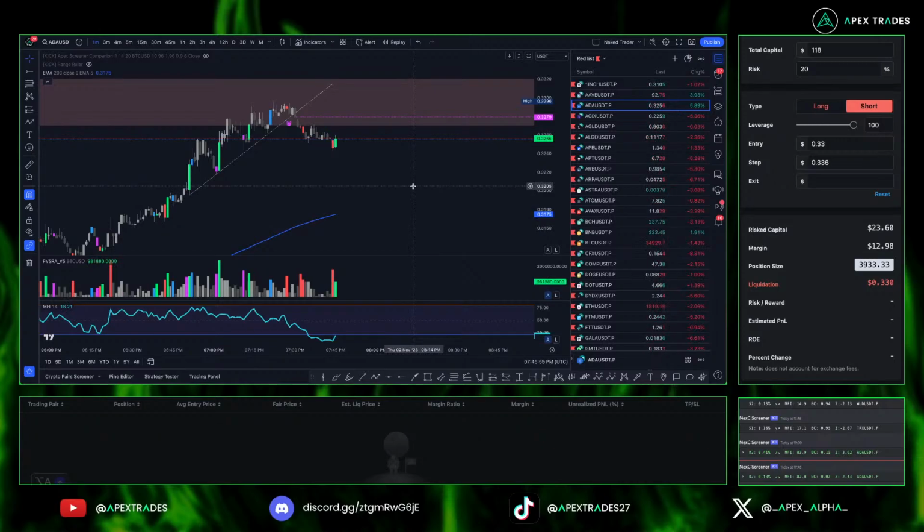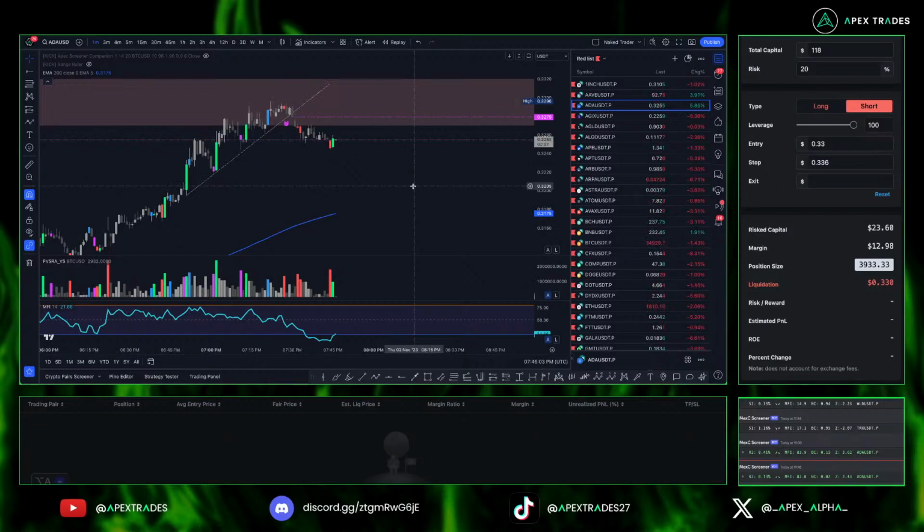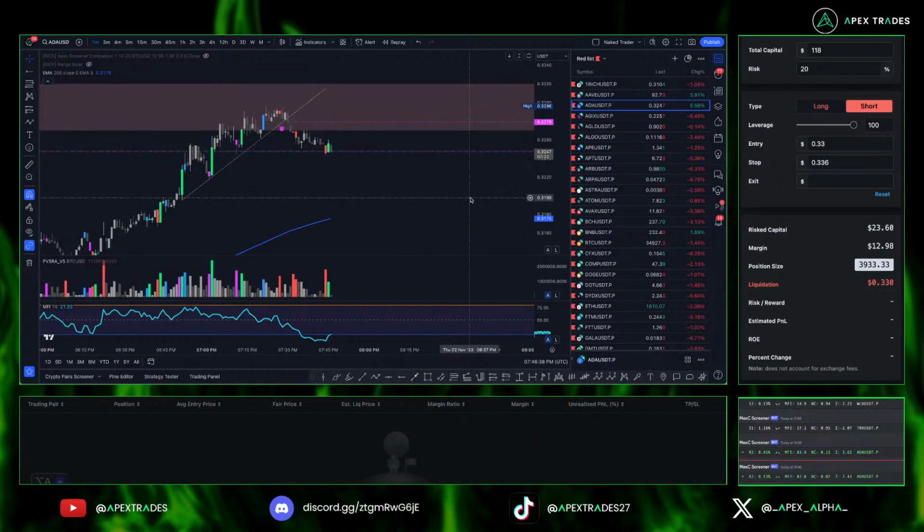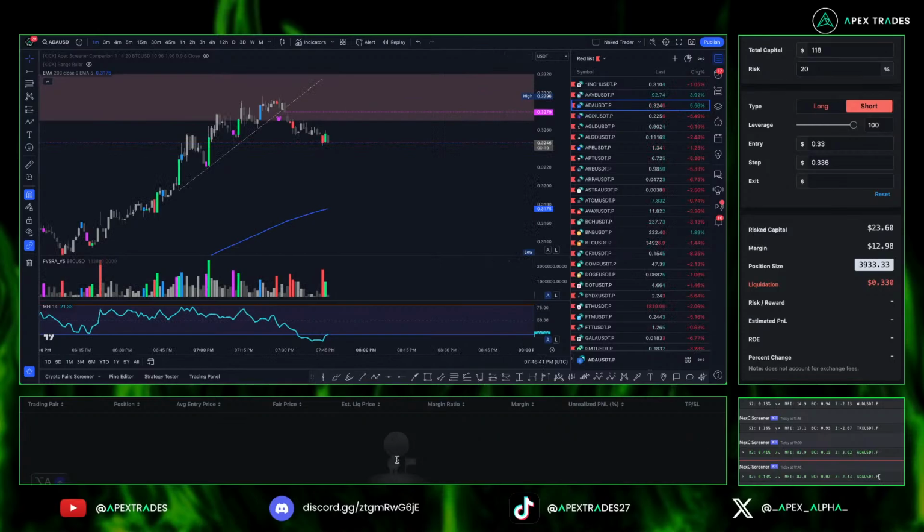If ADA comes into this zone here, I am going to short. Still nothing, no changes on the screen at the moment. Last update was 19, so 7:45 UK time.